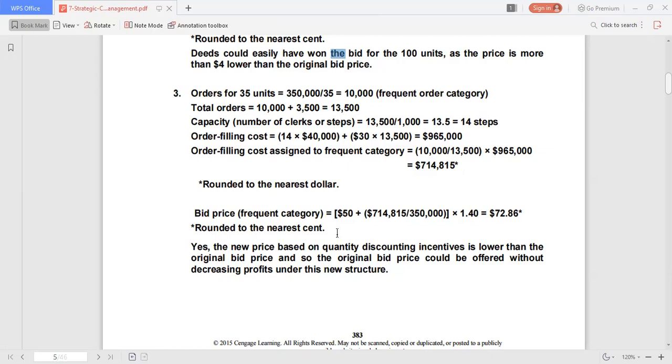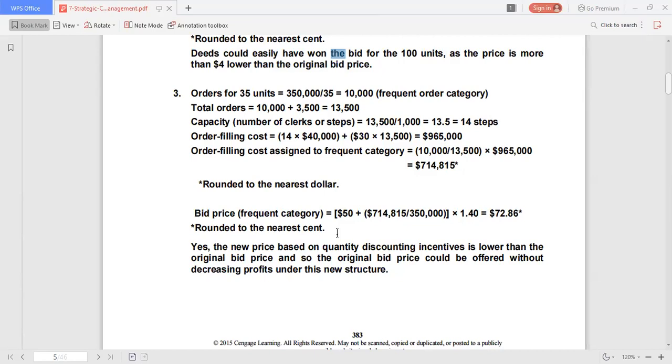So you have now the unit-based system, the variable conversion activity rate, $100 per direct labor hour. Material usage rate is $20 per part. The ABC system, the labor usage is $15 per direct labor hour.